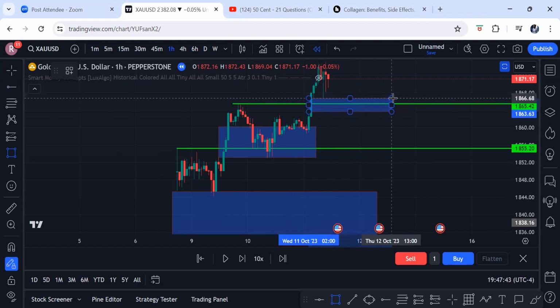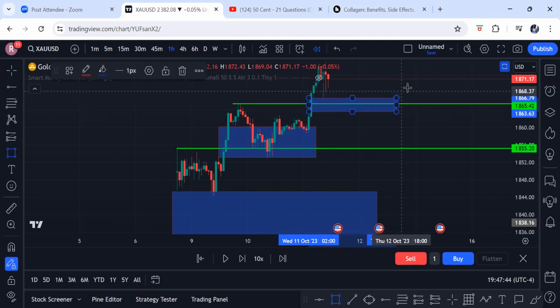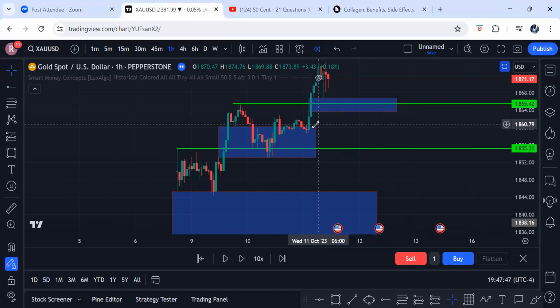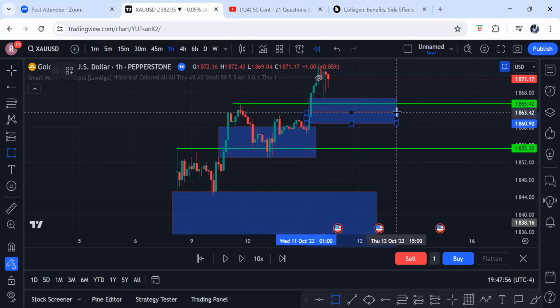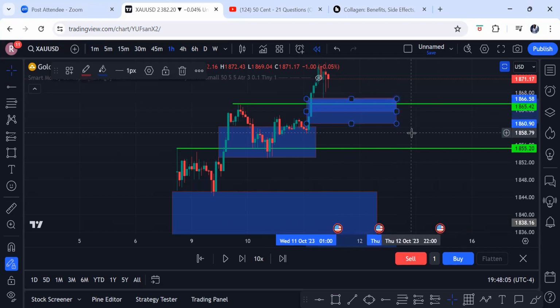Here is one area of imbalance. Second, we could also do here as another area of imbalance. We could just do it to this area, because all the way up here would be the entire area. Let's just do that, that'll be the entire area.